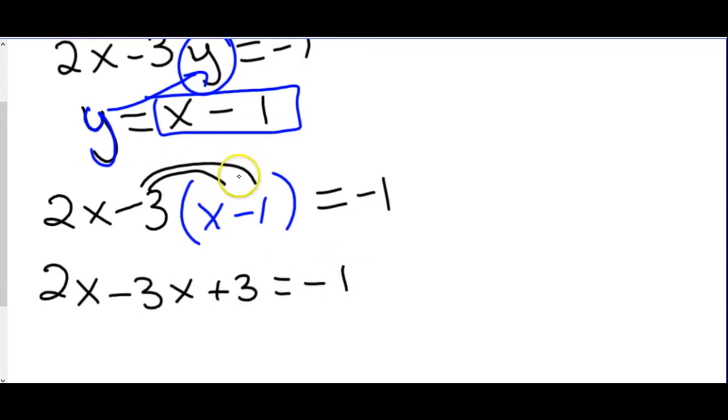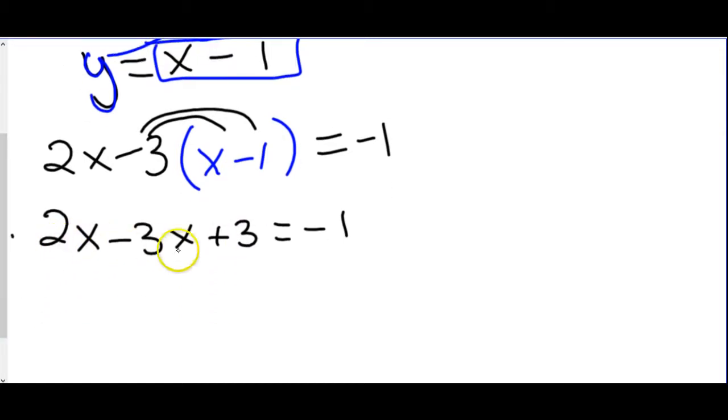By doing the distribution, by multiplying that, we get rid of the parentheses. So now we combine like terms. 2x minus 3x, those both contain the letter x. They are both to the left side of the equal sign, so we can combine them together to get negative 1x. The 3 and the 1 are on opposite sides, so we're not going to worry about them yet.